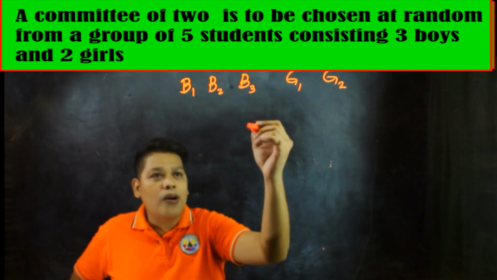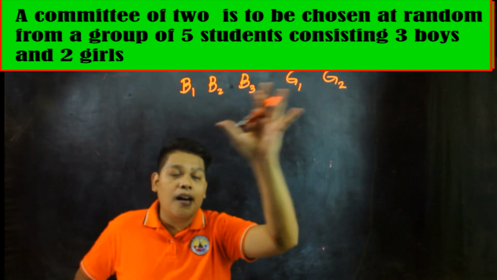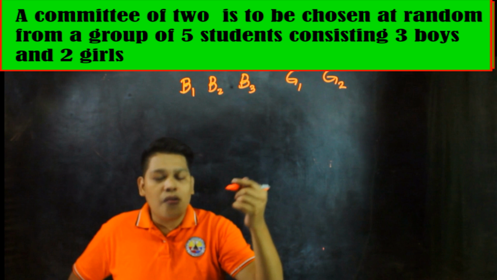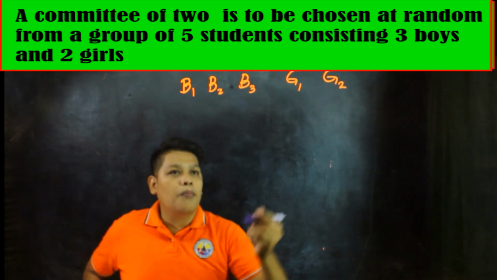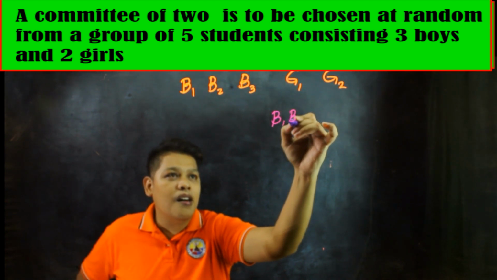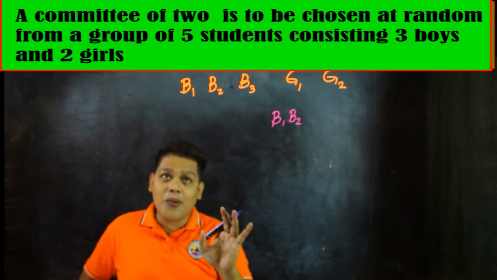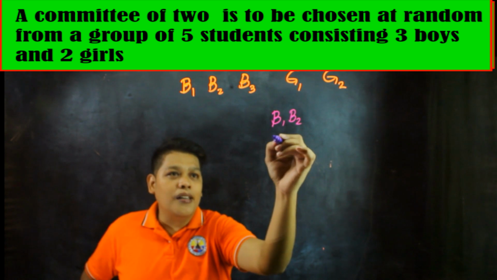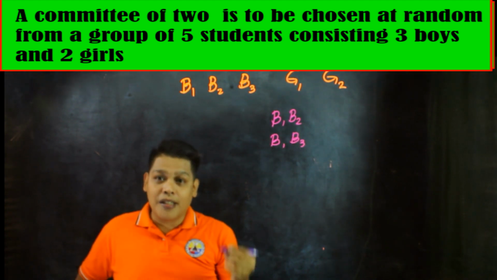If I choose 2 from these students, for example, I choose boy number 1 and boy number 2. This is one possible outcome. Next will be boy number 1 and boy number 3.